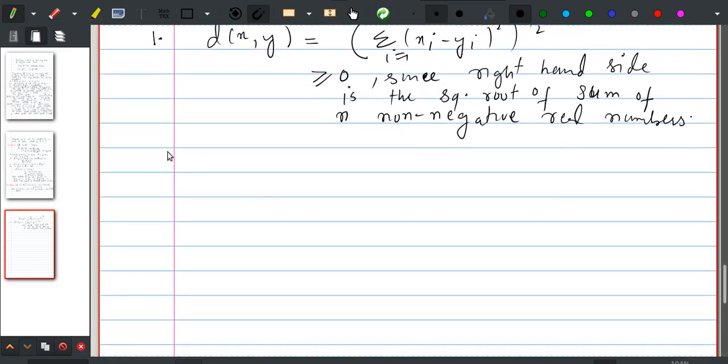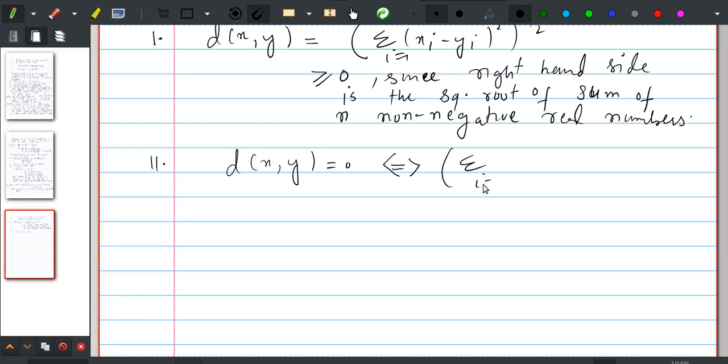Now for the second axiom, we have d(x, y) equal to 0 if and only if the square root of the sum, i runs from 1 to n, of (xi minus yi) squared is equal to 0.